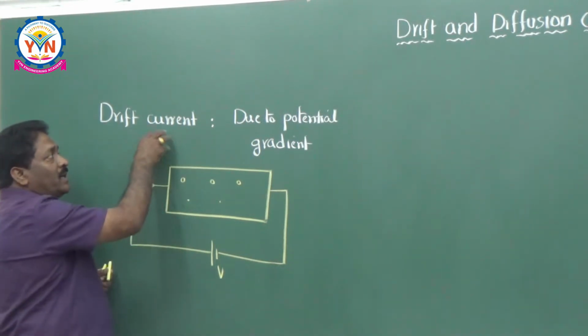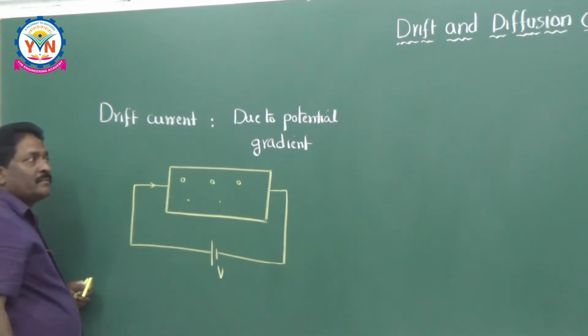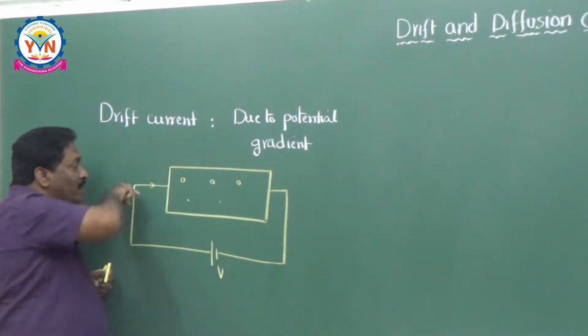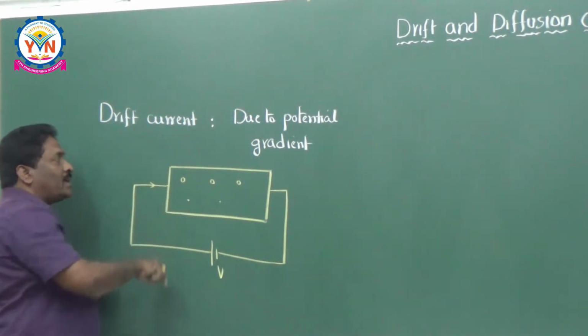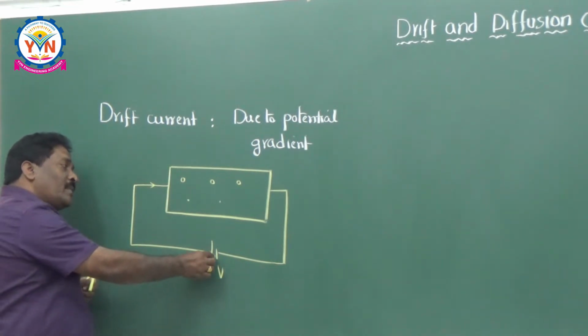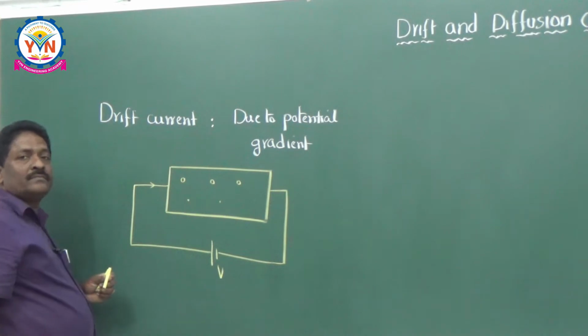Drift current is due to the externally applied voltage, and due to this potential gradient, whatever current exists in the semiconductor is called drift current. This drift current may be due to holes as well as electrons.